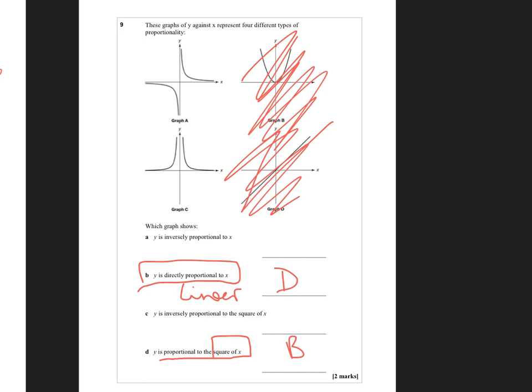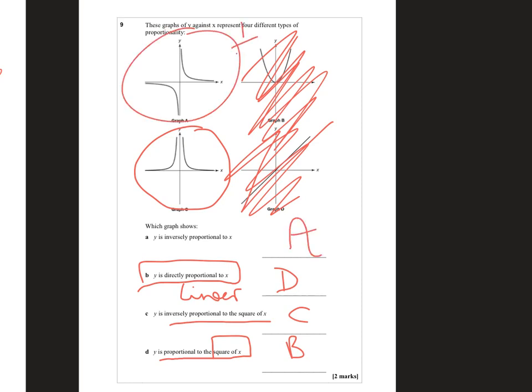Y is inversely proportional to x and inversely proportional to the square of x. Well, you might notice that this one only has positive values for y, because it's a square. And this is our classic inverse proportional, 1 over x.